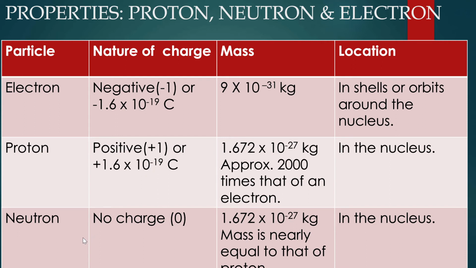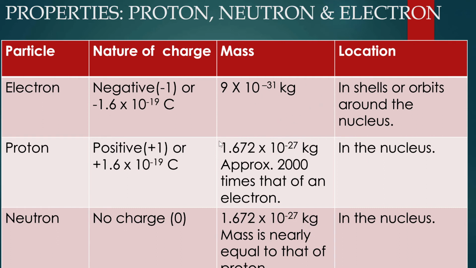On the other hand, neutron, which is a chargeless particle, has no charge, that is, its charge is 0. Coming to the mass, the mass of electron is 9 into 10 to the power of minus 31 kilograms, and that of proton is 1.672 into 10 to the power of minus 27 kilograms. Approximately, it is around 2000 times that of an electron, and the mass of neutron is nearly equal to that of proton, that is 1.672 into 10 to the power of minus 27 kg.